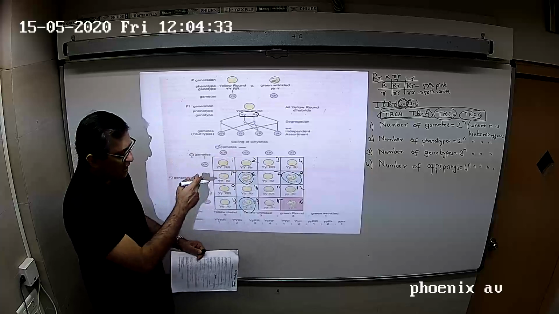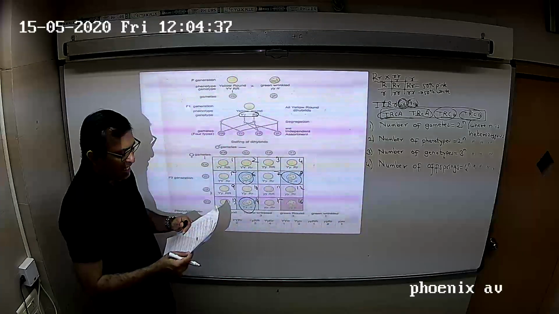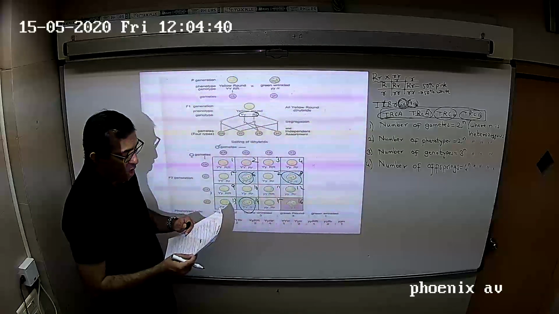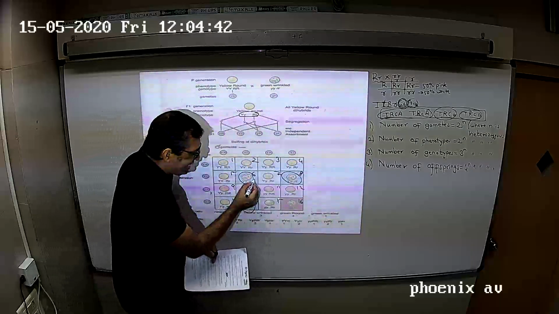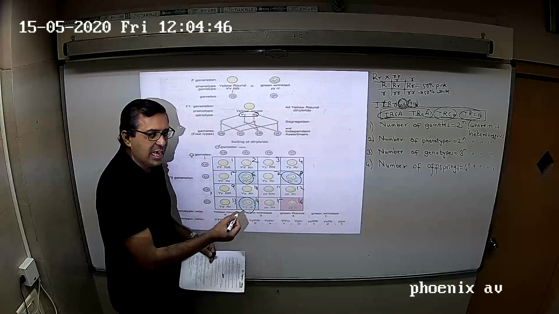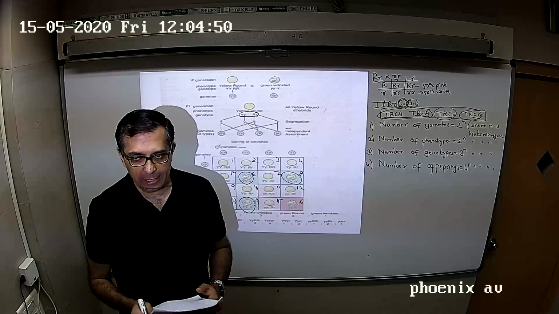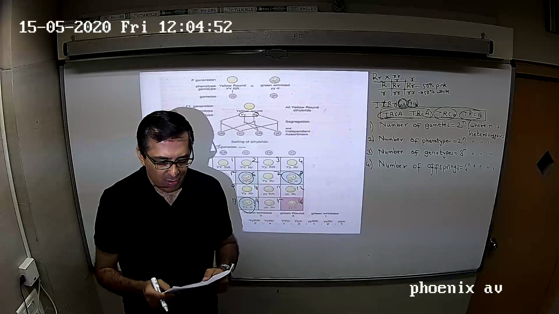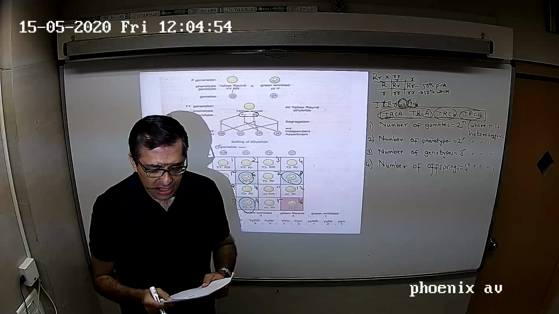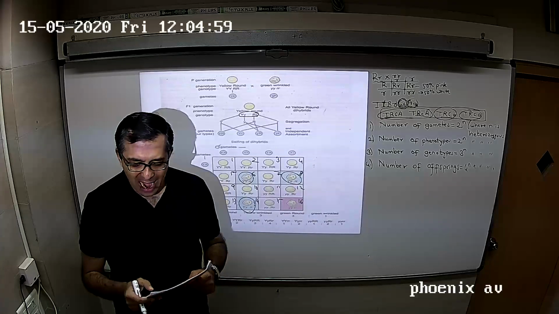So which of these squares are yellow and wrinkled? The 6th is yellow wrinkled, the 8th is yellow wrinkled, the 14th is yellow wrinkled. So the answer is 6, 8 and 14.